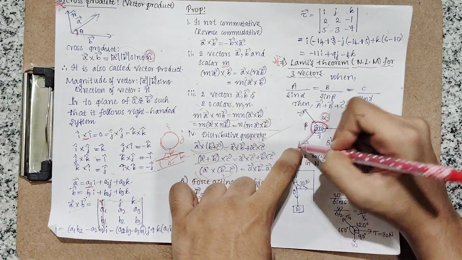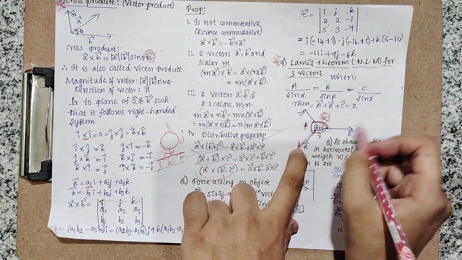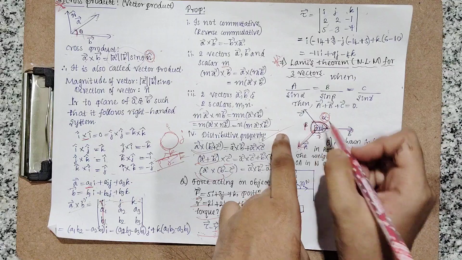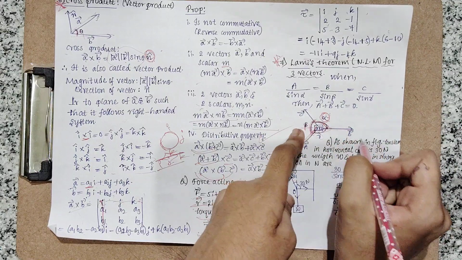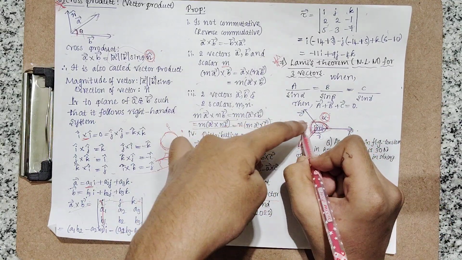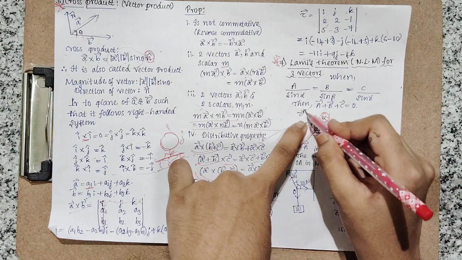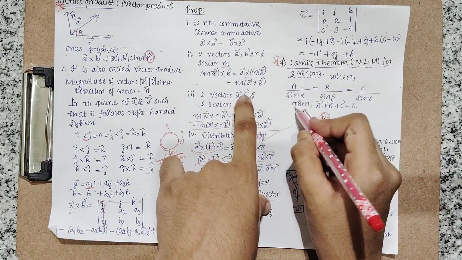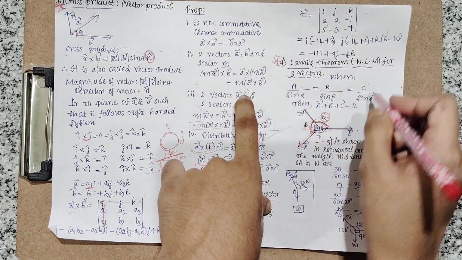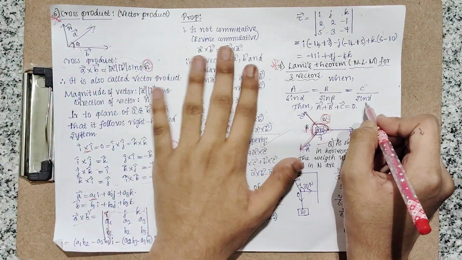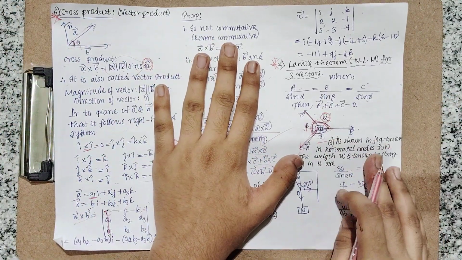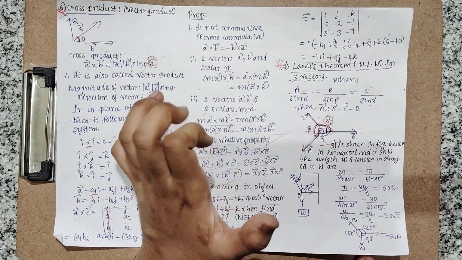That means a bar by sine alpha, b bar by sine beta, c bar by sine gamma. So a by sine alpha is equal to b by sine beta is equal to c by sine gamma, when a bar plus b bar plus c bar equal to 0. This is what Lami's theorem is.